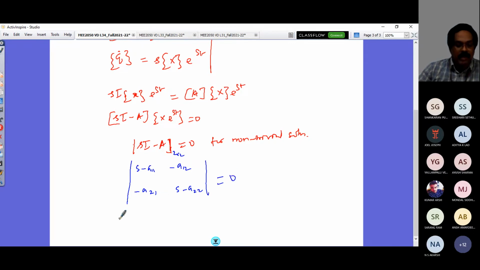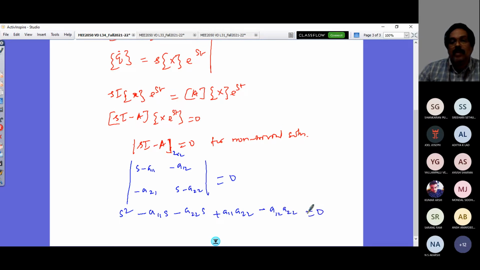So this determinant would be s square. If I do the cross multiplying, I carry out this: s squared minus a11 s minus a22 s plus a11 a22 minus of minus, so minus a12 a21, that's equal to 0.